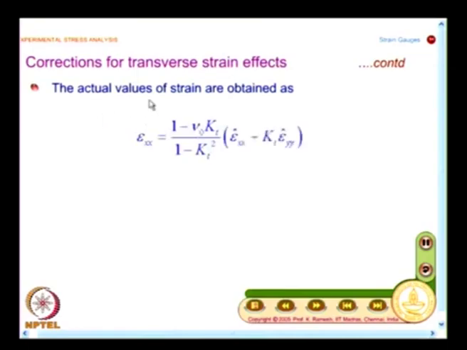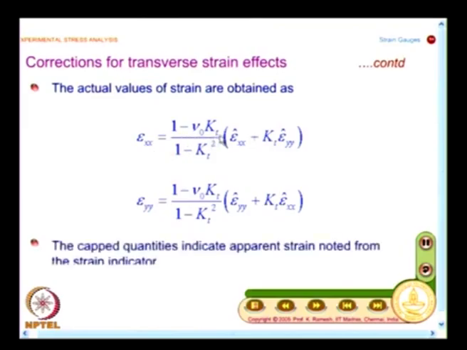So, the actual values of strain are obtained as epsilon xx equals 1 minus nu naught k t divided by 1 minus k t square, multiplied by epsilon xx cap plus k t epsilon yy cap, and these are the values measured by the two strain gauges, what the strain meter directly gives.